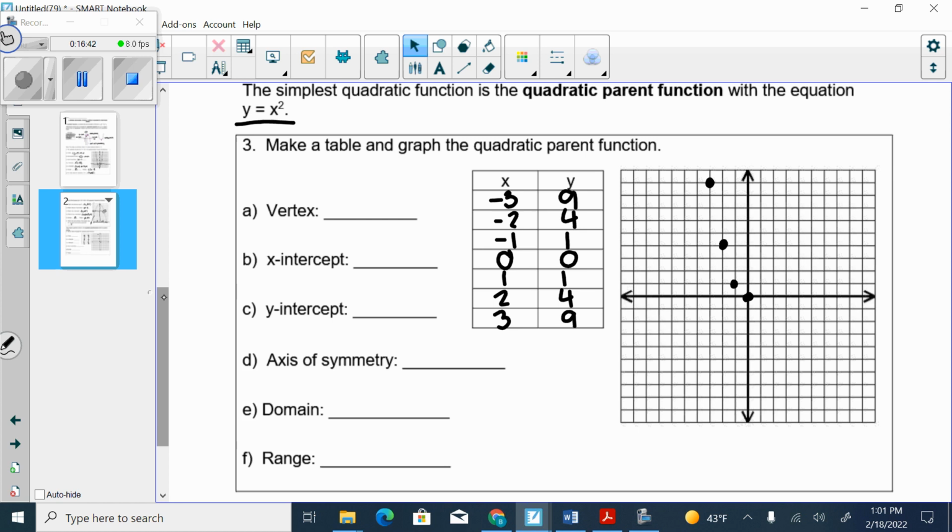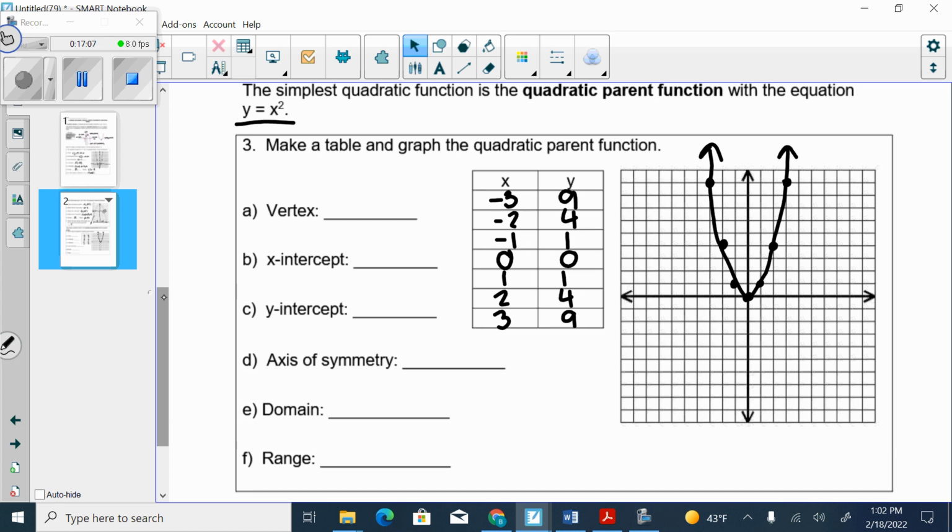And then we've got a point at 1, 1. Another one at 2, 4. And our last one is at 3, 9. Okay, so once we have all those points plotted, we're going to go in and connect our points. And it should make that U-shaped parabola that we're familiar with.